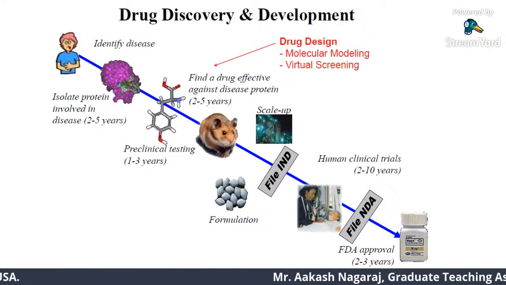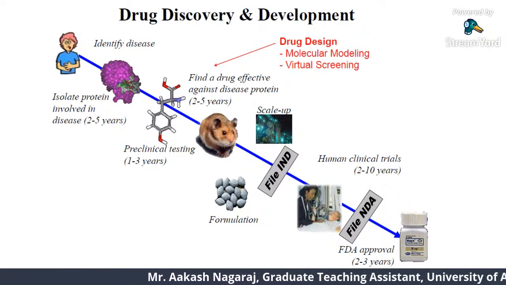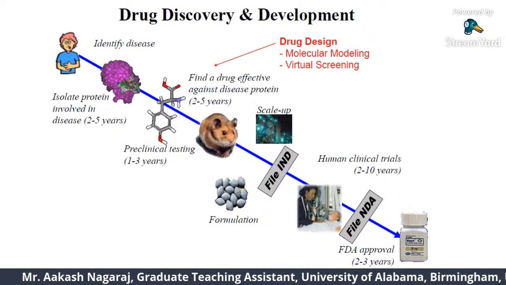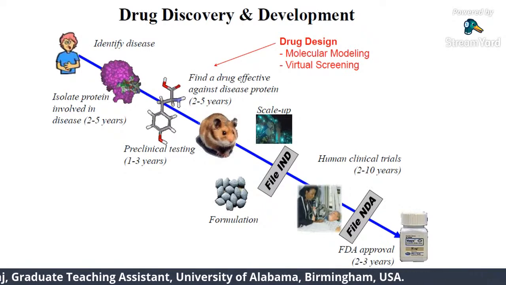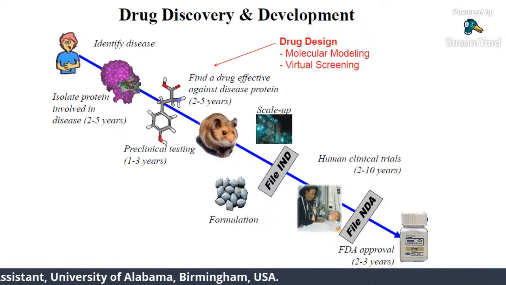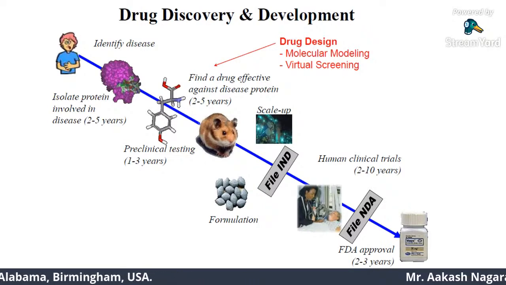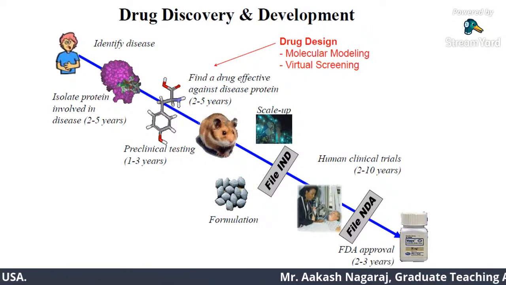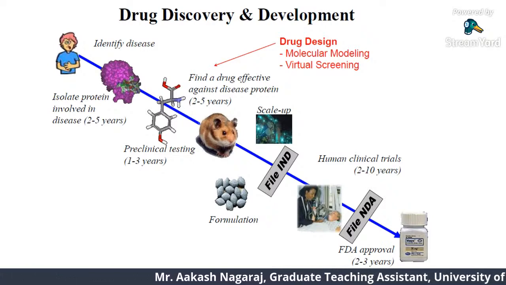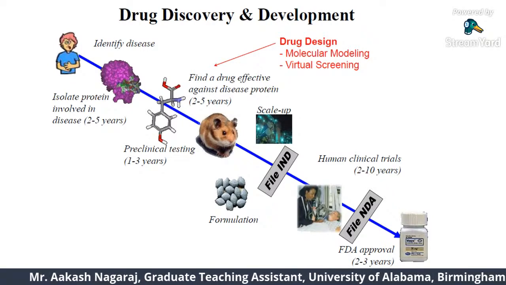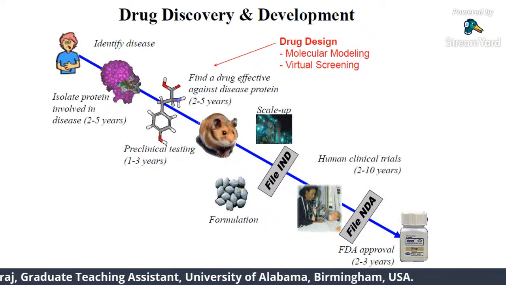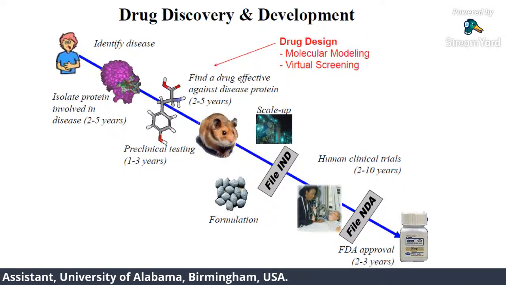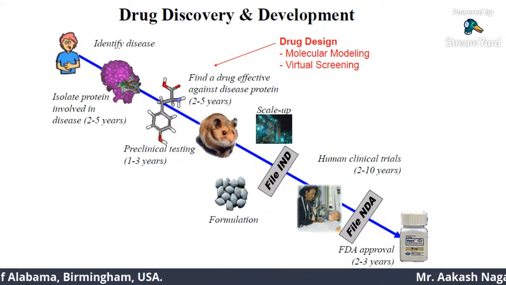And this is one more example of the whole process. This is also the last slide. So first we find out the disease, and then we isolate the protein, the malfunctioning protein which might cause the disease. We will find out the structure, and most of the drugs target proteins.